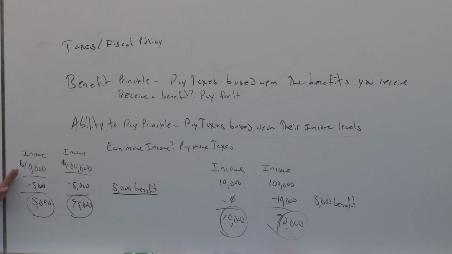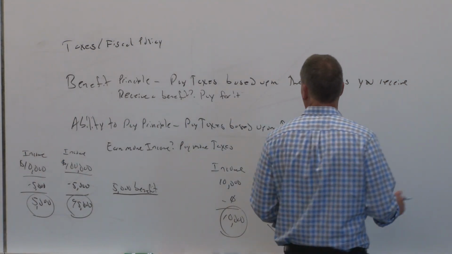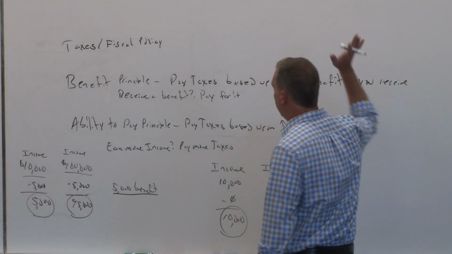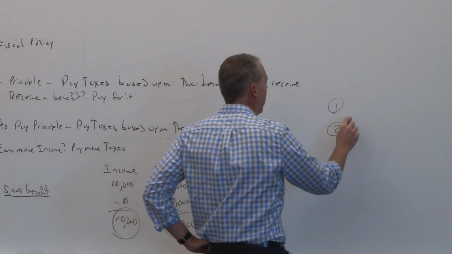It's a normative issue. You cannot determine which is fair. And here's what's really, really interesting. The only way to make the tax system fair by any metric that you want to use, ability to pay, benefit principle, any principle that you use, is if two conditions are met.